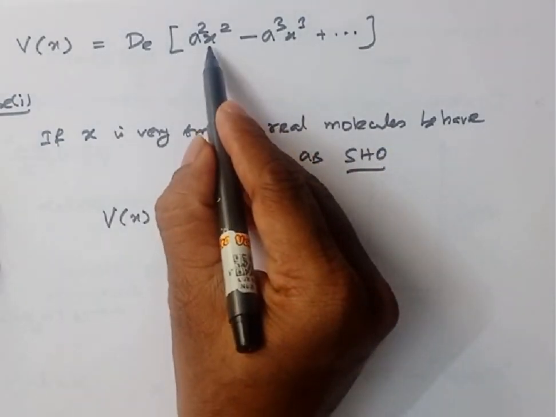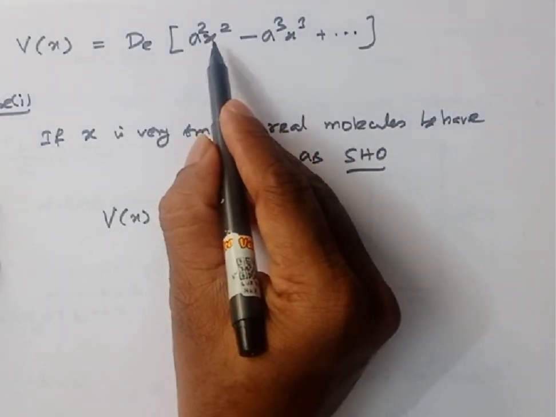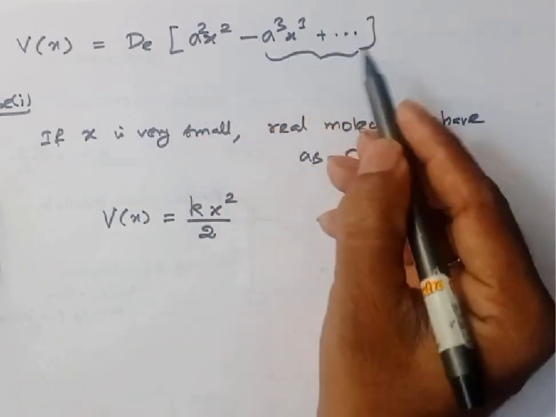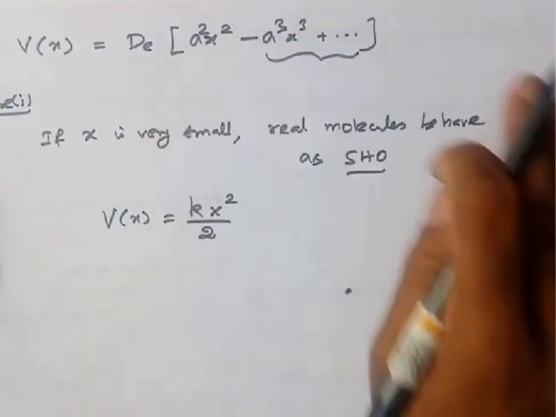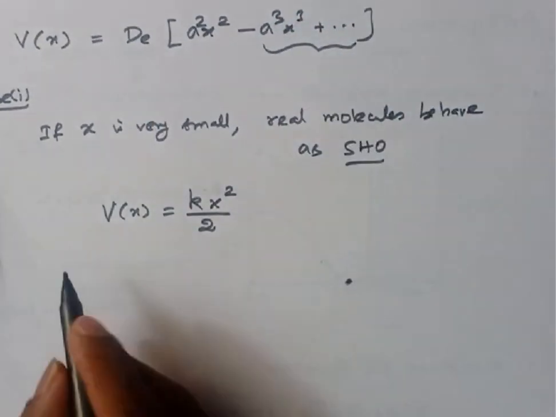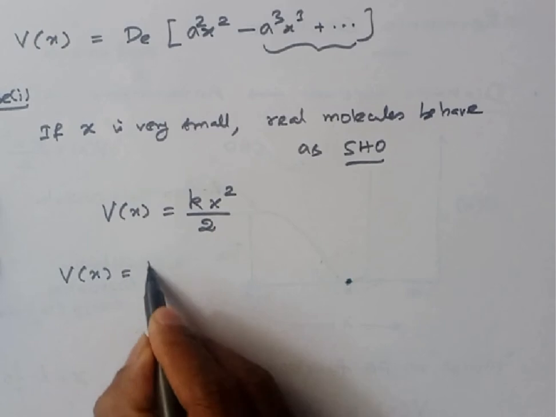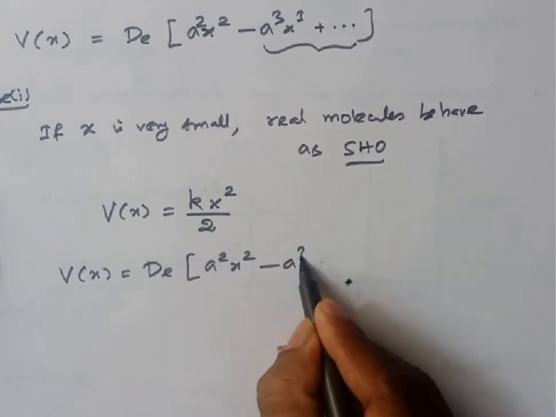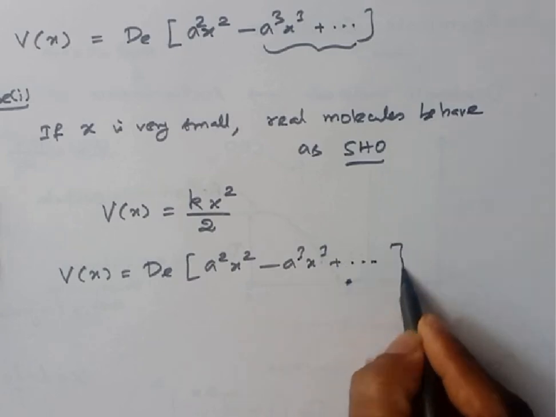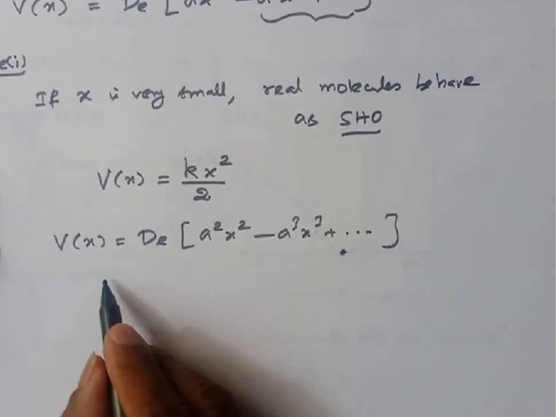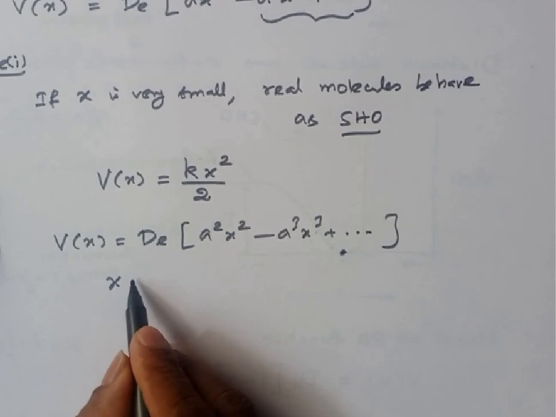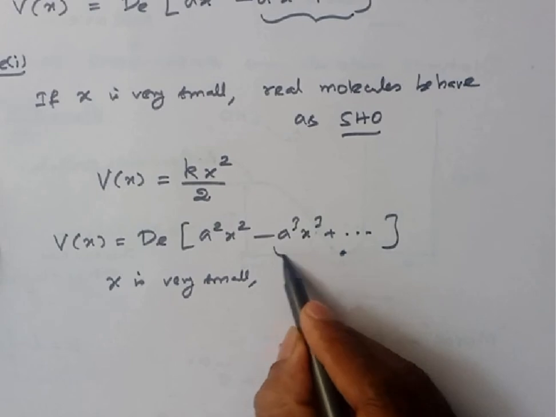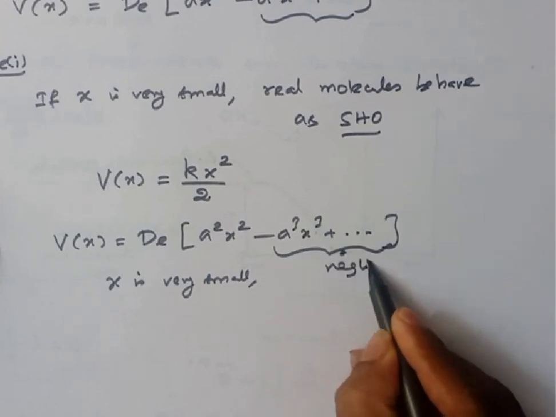If x is small, then x cube and higher power terms become very, very small. So these higher power terms become negligible. I'll write that V of x equals dE into a square x square minus a cube x cube plus etc. So this is the actual expansion. If x is very small, then these higher power terms become negligible.